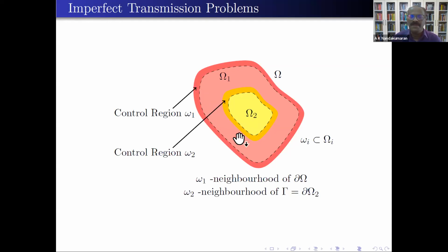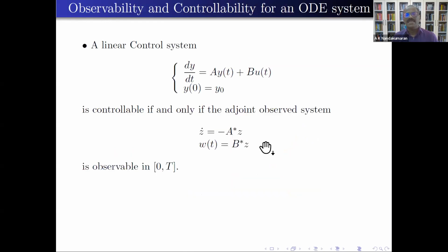So let me briefly tell you about the Hilbert Uniqueness Method. There are various motivations for how to introduce it, but let me begin with the similarity to the linear control system from ODE. A linear control system looks like that, with control here. Basically you want to find a control U such that it takes the system from Y0 to any other point Y1.